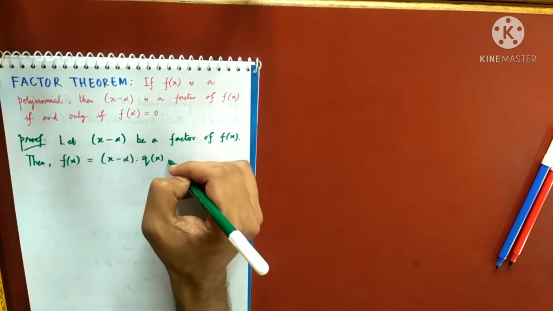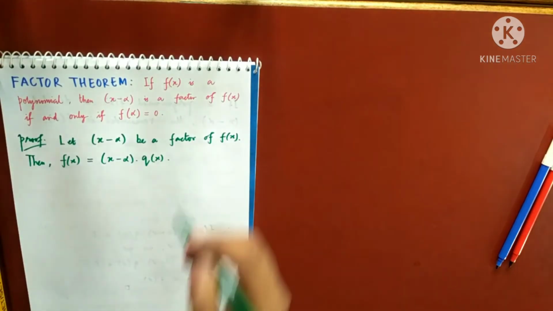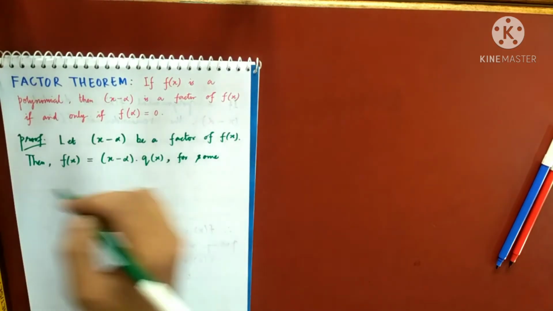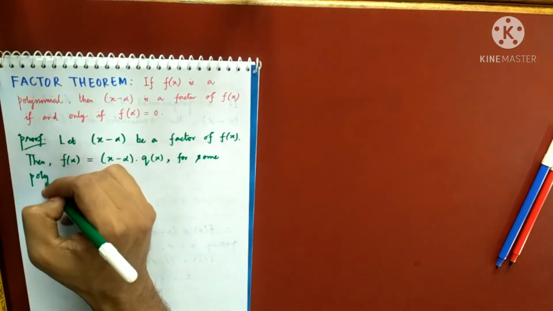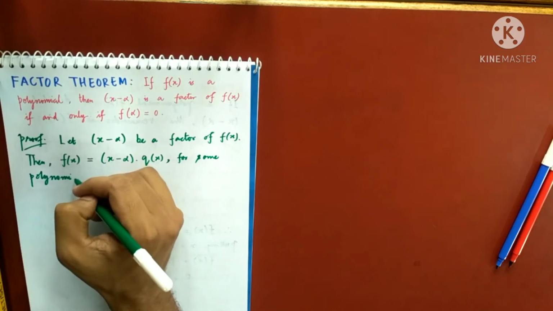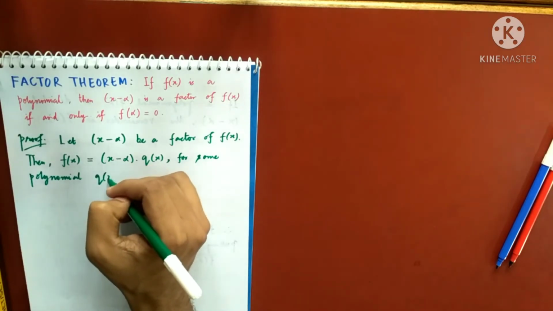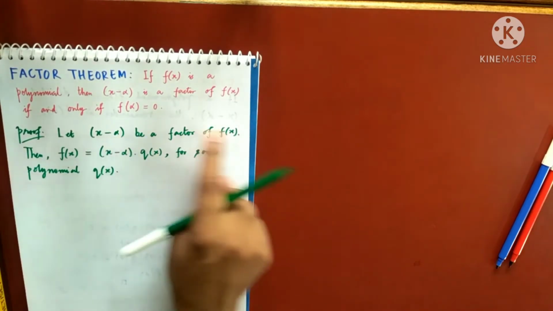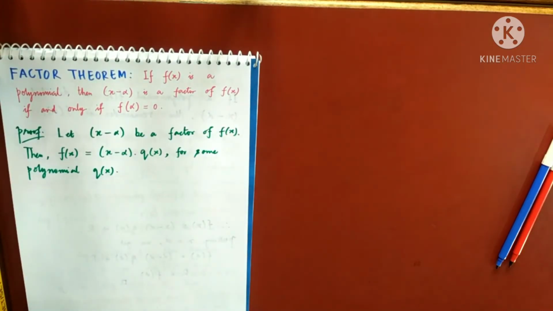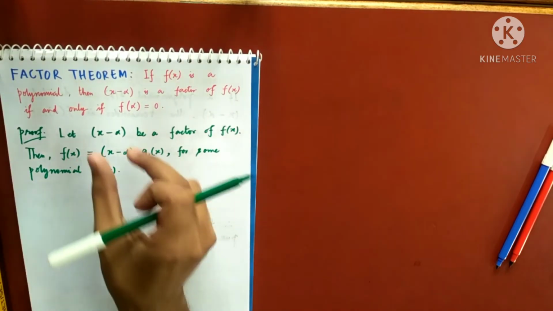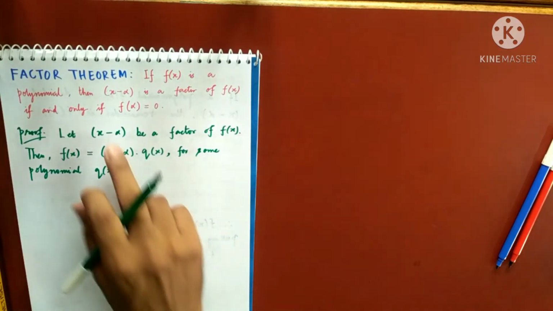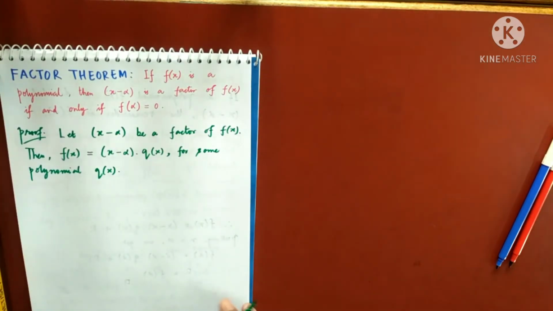There will be no remainder at all. Do you agree with me that because this is a factor of f(x), the remainder will be 0? That was the definition of a factor, if you remember. So f(x) can be written as this times some quotient, with no remainder at all.